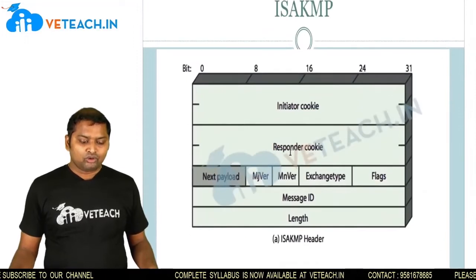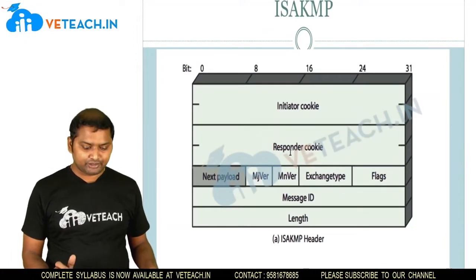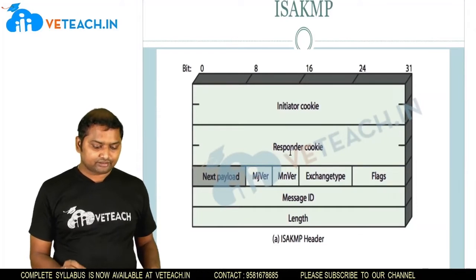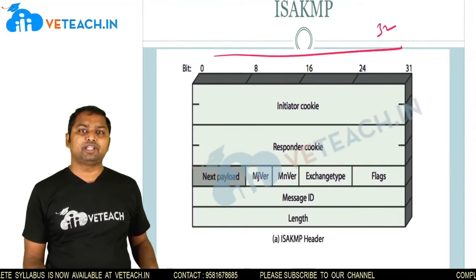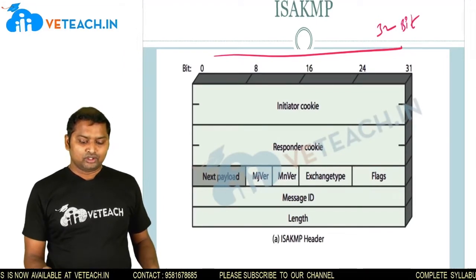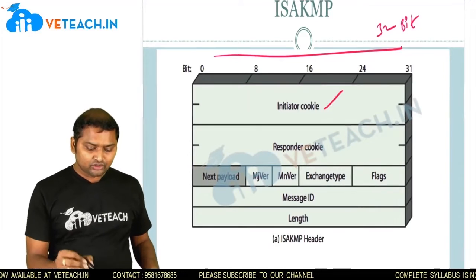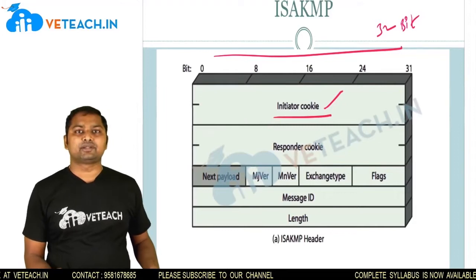Now, how will the framework be in ISAKMP? Let us consider the total size is 32, if it is a 32 bit. Initially you are introducing cookies, so initiator cookies.